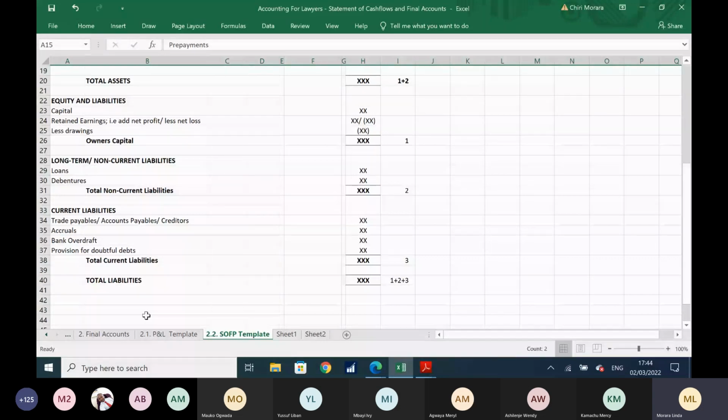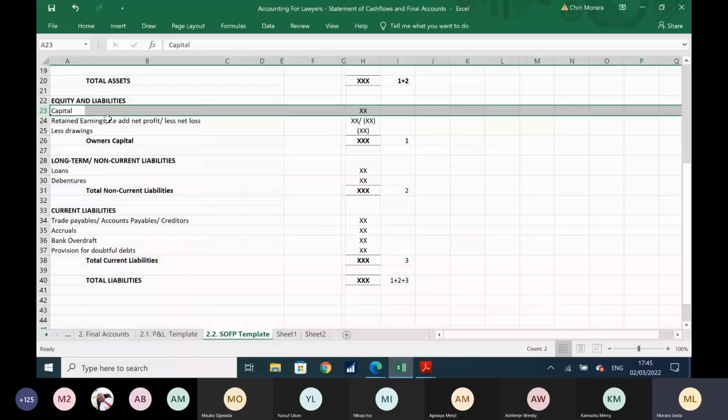So if I, Linda, contributed capital to Linda Limited, then Linda and Linda Limited are two different people. So if Linda gives Linda Limited money, then that is not Linda Limited's money. So you will recognize the capital because that is the amount that has been contributed by the members. It is not the business's money, it is someone else's.